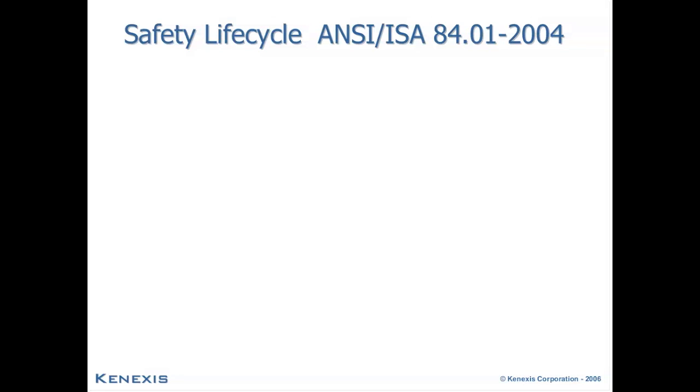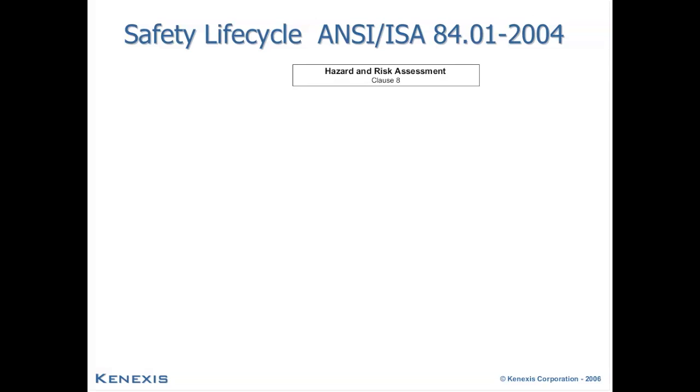That's in a nutshell how I describe the safety life cycle. If somebody puts me on the spot and asks what it requires, it requires you to choose a target and prove that you've met that target. That's the performance-based standard that S84 is.